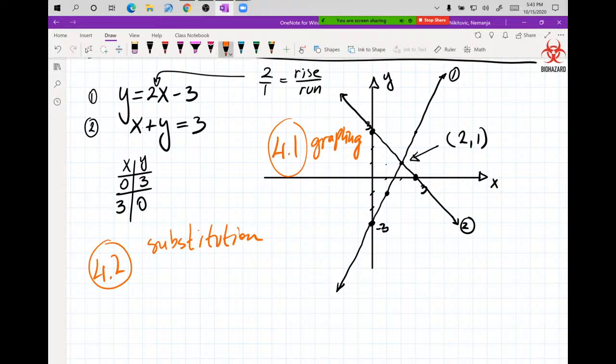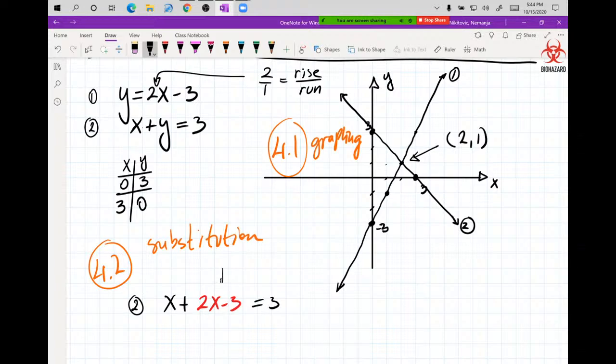For substitution, we already have y equals everything else over here, so we can just plug in 2x minus 3 for y. The second equation now looks like x plus 2x minus 3 equals 3.